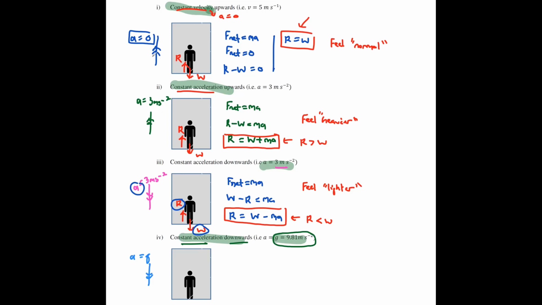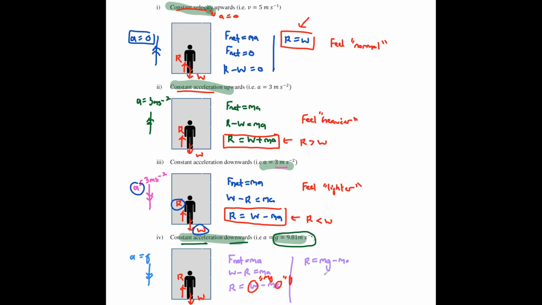I look at the forces that act: I have weight W, I have reaction force R. So Fnet equals ma, W minus R equals ma, and R equals W minus ma. Now since W equals mg, and a equals g, your resulting expression would be this.